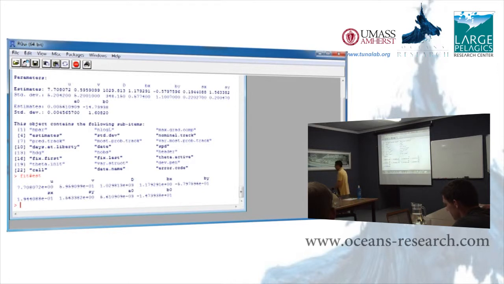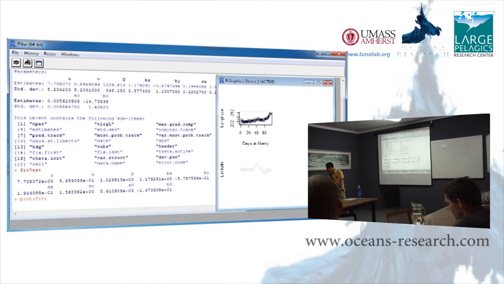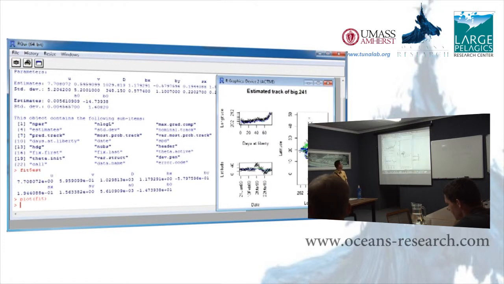And you can do a plot if you want to look at how it fits. So you do plot and then fit. As simple as that. And it should give you something like that.